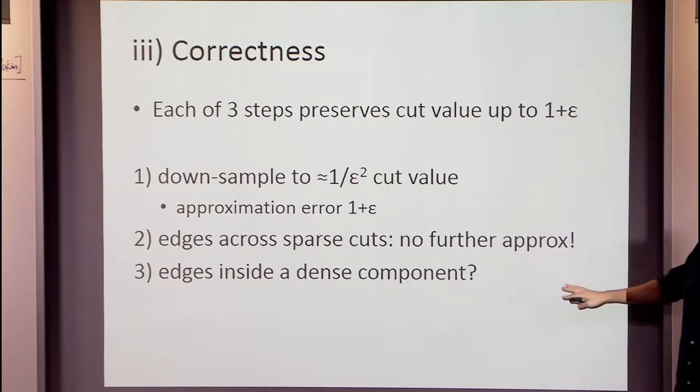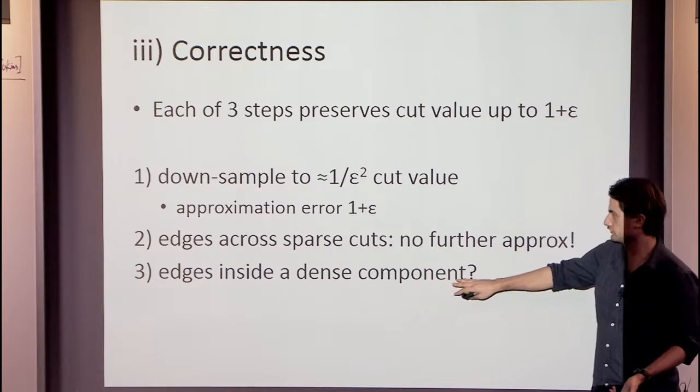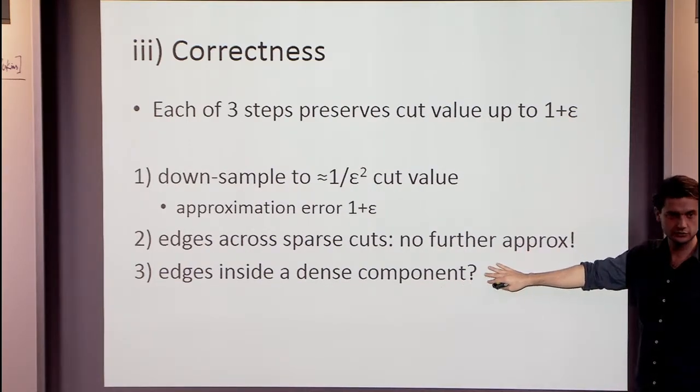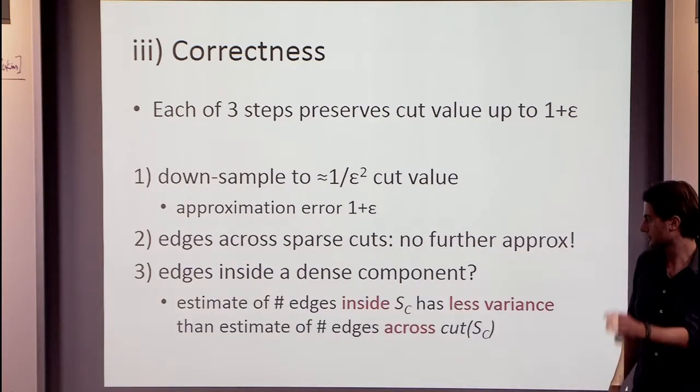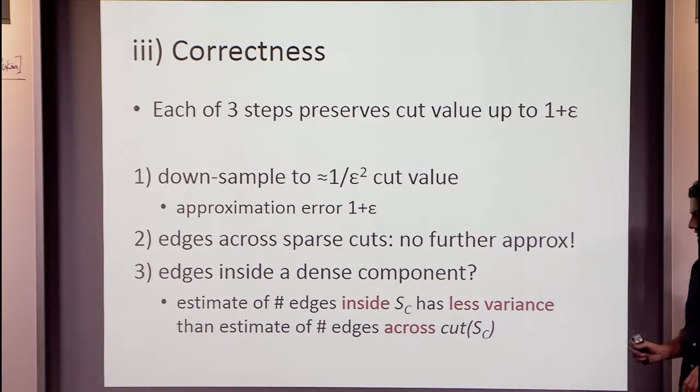So the only additional thing that we need to verify is that computing this red sum of edges inside the dense component introduces at most a 1 plus epsilon approximation. As already pointed out, the idea here is to show that the estimate of the number of edges inside S has less variance than if we were to use the normal estimator, namely the number of edges across the cut using this sample.